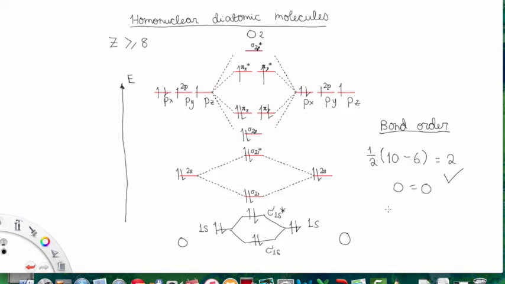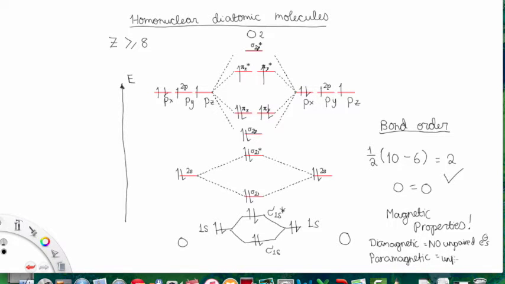Another thing we can look at is magnetic properties. So basically, when you have no unpaired electrons, this is called diamagnetic. So let me write that right here. Diamagnetic is no unpaired electrons. And on the other hand, there's paramagnetic, which means there's unpaired electrons.